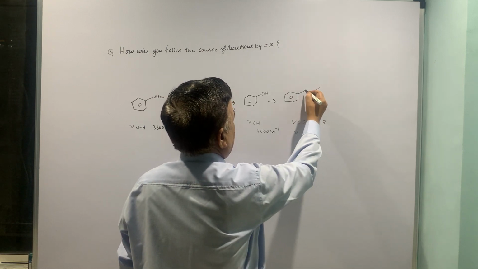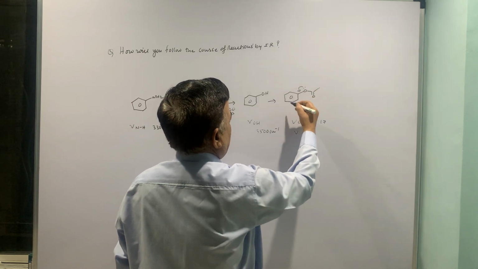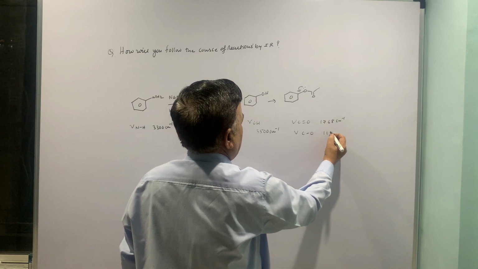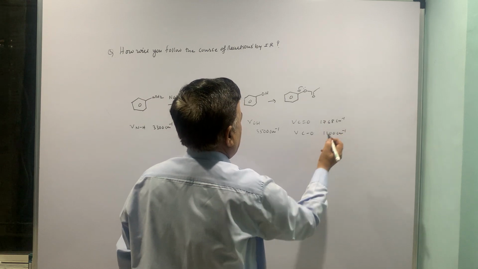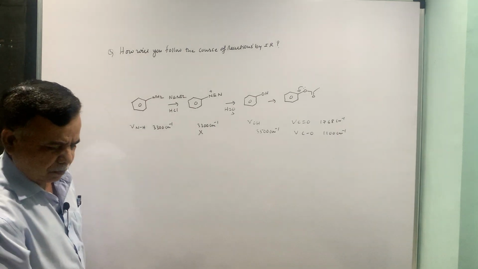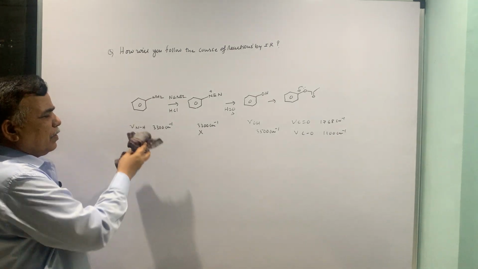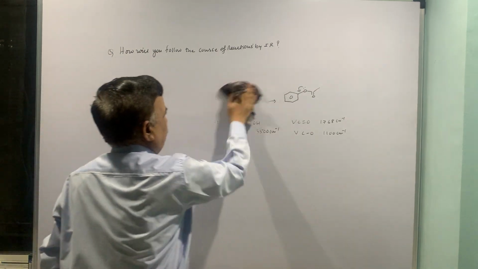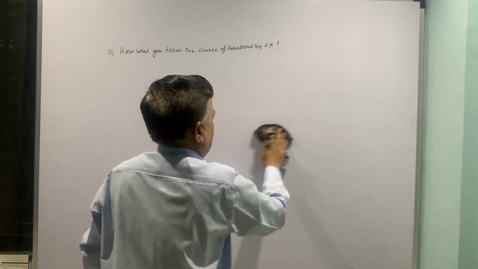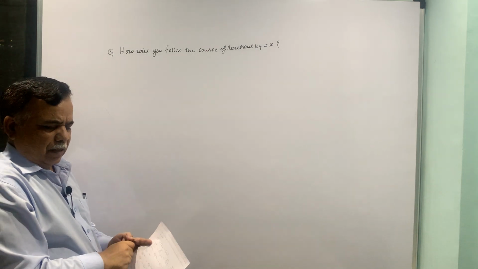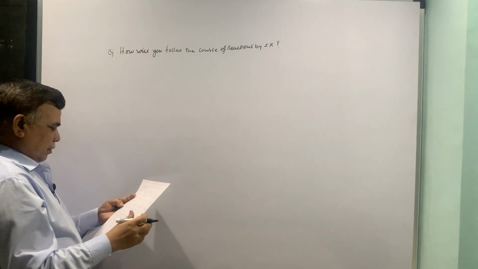Now this is reverse conjugation, so it will be slightly higher, and this will be around 1100 reciprocal centimeter. So you have to know these values where the peaks are going to appear. So you have to know the table wherein the values are given.